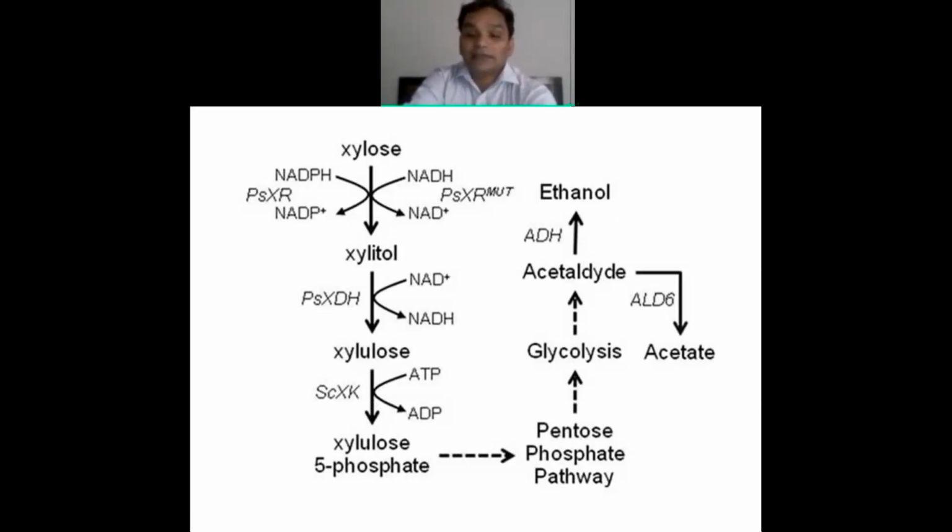And you can see the pentose phosphate pathway has also been considered in this way to produce ethanol. While the pentose phosphate pathway is primarily utilized for what? For producing precursor molecules for nucleotide synthesis. But in this case it has been directed towards glycolysis to acetaldehyde to ethanol. That is how metabolic engineers and genetic engineers are working in this field.